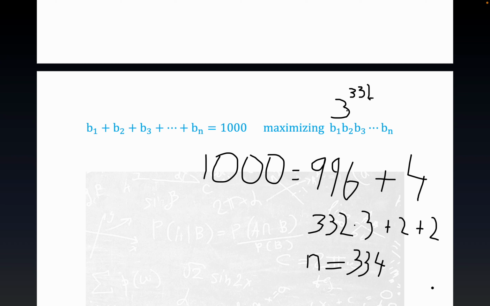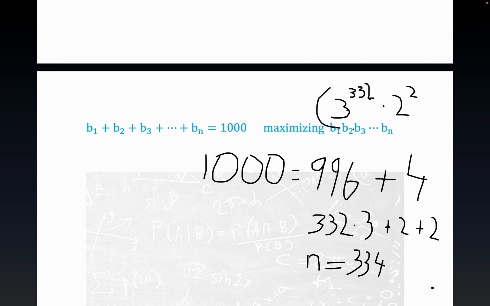Y'all, that's a 332 right there, times 2 squared. Okay. And that's it. I just think it's neat. It's all about 3s and 2s here. We've seen that a 4 doesn't work because it can be replaced with 2 squared, and also 3 squared is greater than 2 cubed. That's really what this all seems to boil down to.